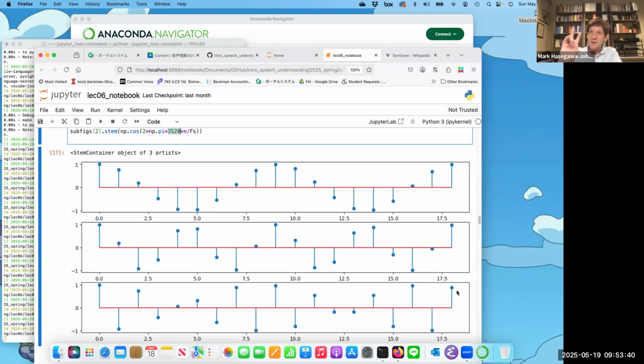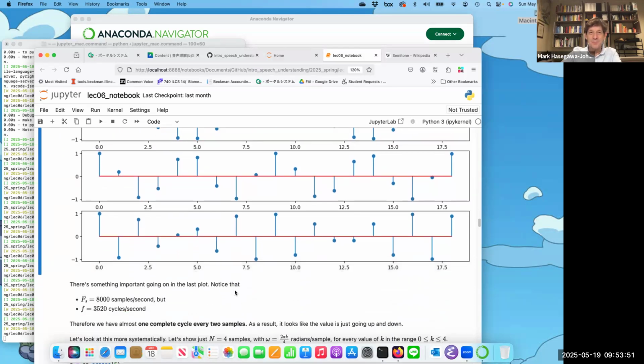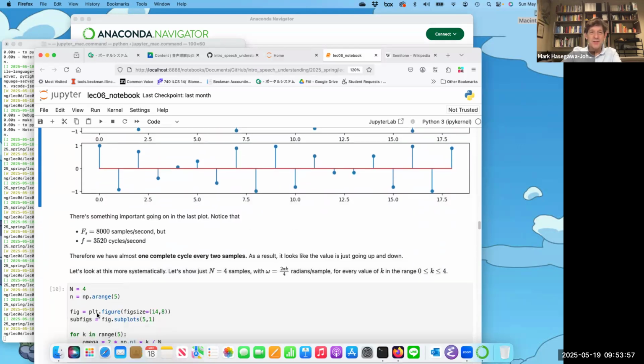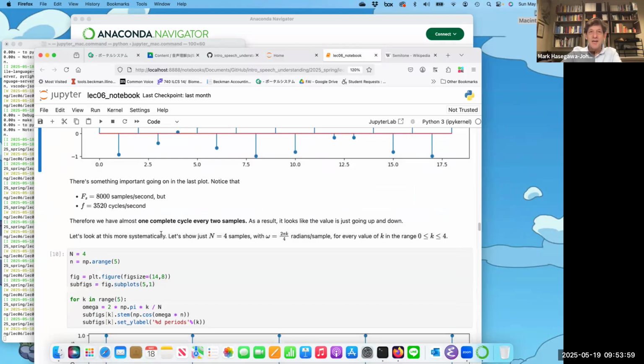And so you can see that with 2 samples in a single period of the cosine, that's just barely enough to be able to see that this is a cosine. Right? Notice that Fs is 8,000 samples per second, but little f is 3,500 cycles per second. So we have almost 1 complete cycle every 2 samples. And as a result, it just looks like the value is going up and down.